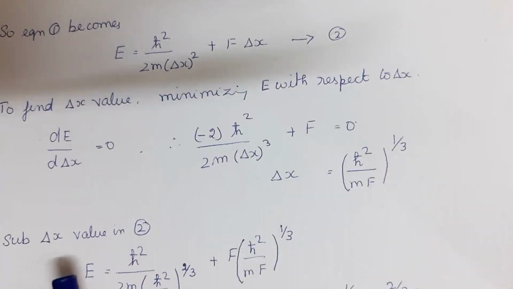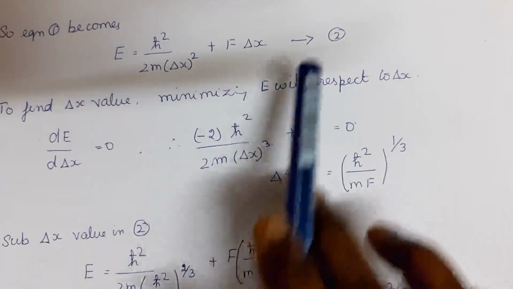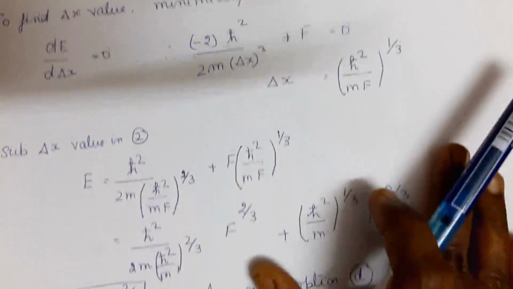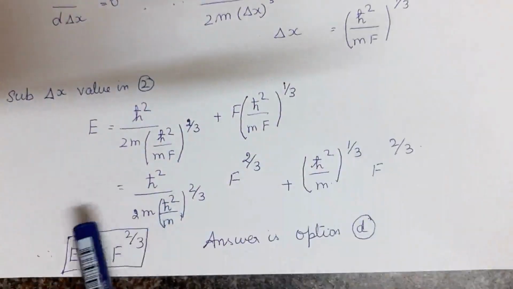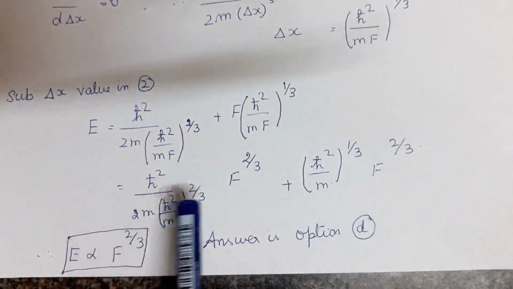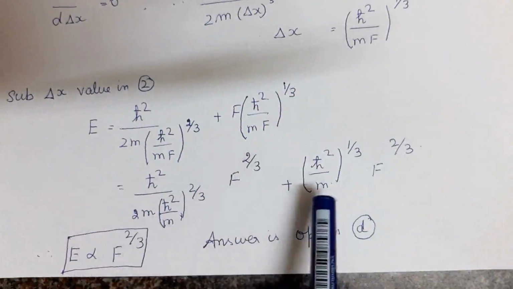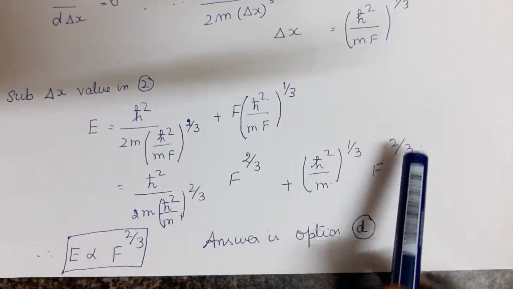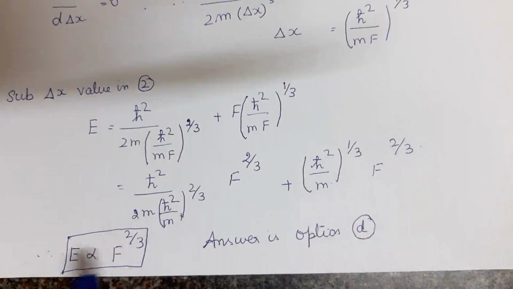Now substitute the value of delta x in equation 2. Then we will be getting E is some constant into F power 2 by 3 plus some constant into F power 2 by 3. So in general we can say energy is proportional to F power 2 by 3. So the answer is option D.